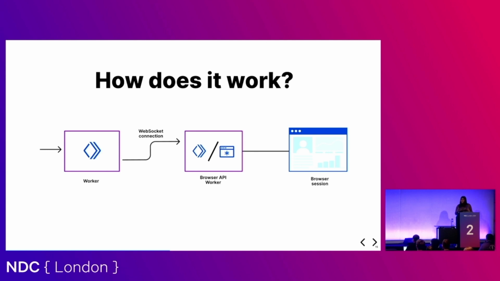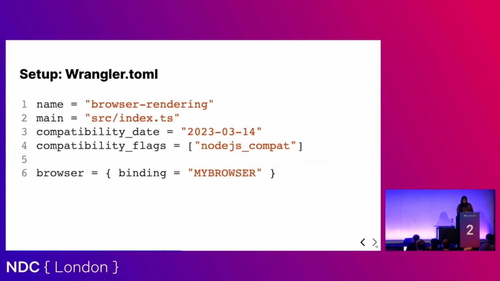And then going forward it is possible for you to, for example, create a new web page or navigate to a page to take a screenshot, right? So this is essentially how it works under the hood.